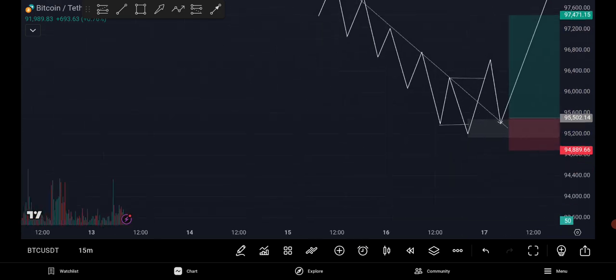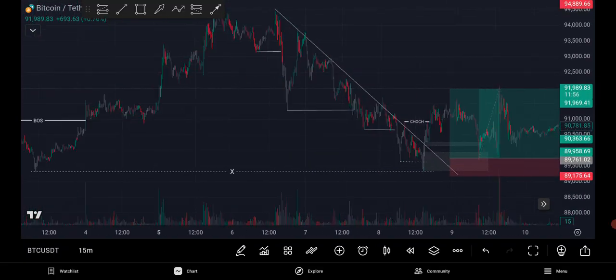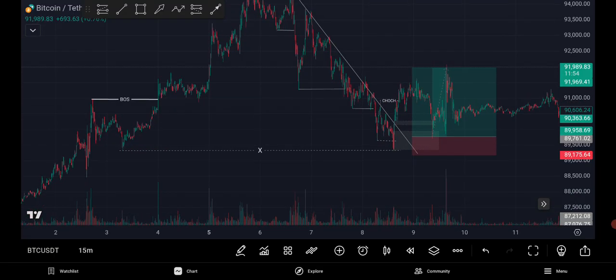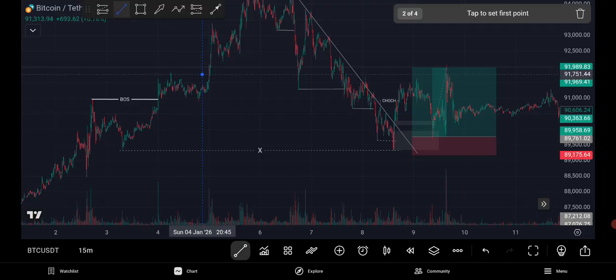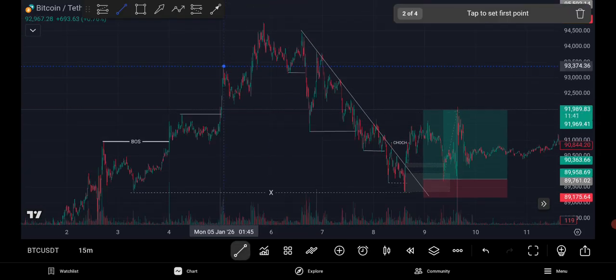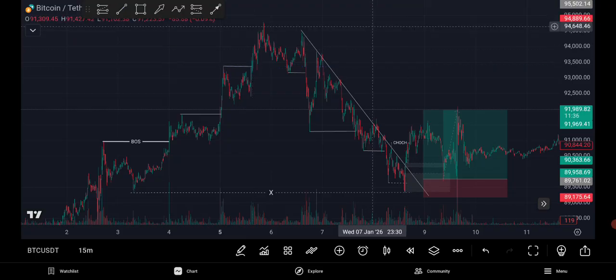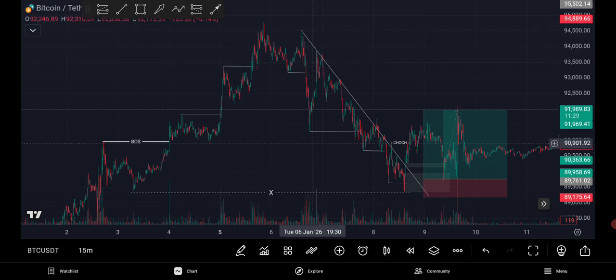Okay, now let's go straight to the charts. So now, as you can see, in this structure there is a series of breaks of structure, break of structure here, break of structure here, another break of structure here, and price came, and then there is a market structure shift, but this is now internal.